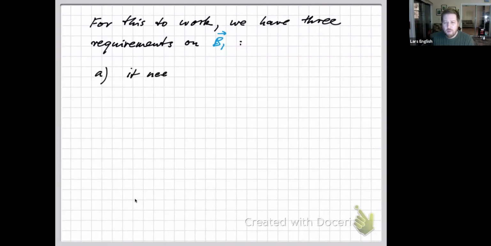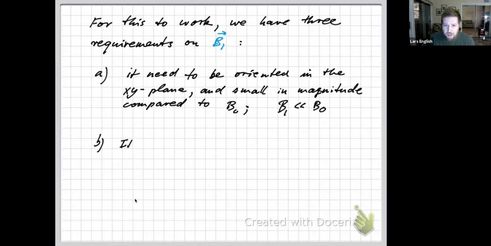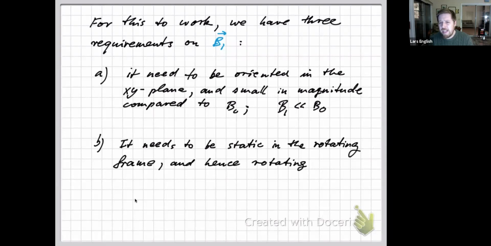The first thing we need is that it be oriented in the xy plane, basically perpendicular to the z-axis of B naught. Furthermore, in terms of magnitude, it is simply smaller than B naught, for reasons that will become obvious. Because it needs to be static in the rotating frame.